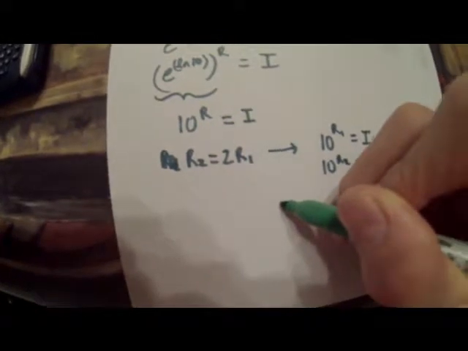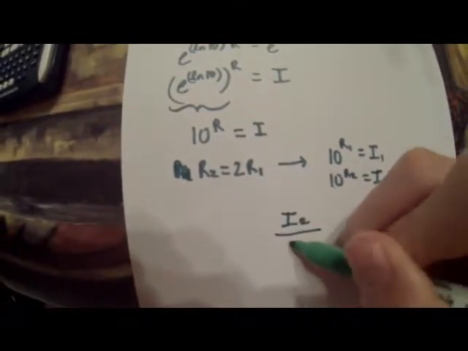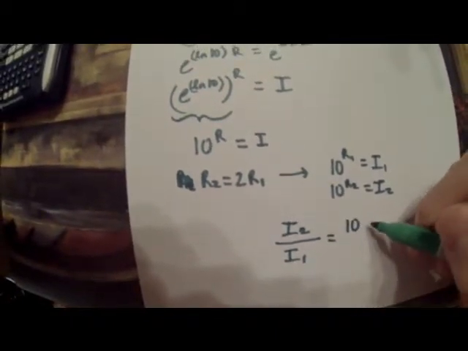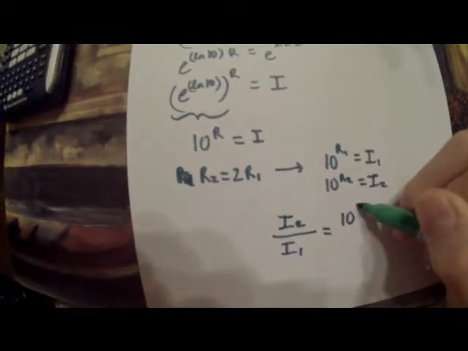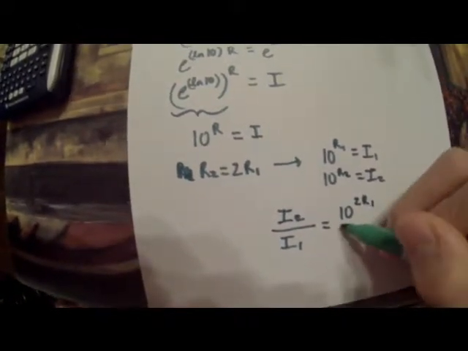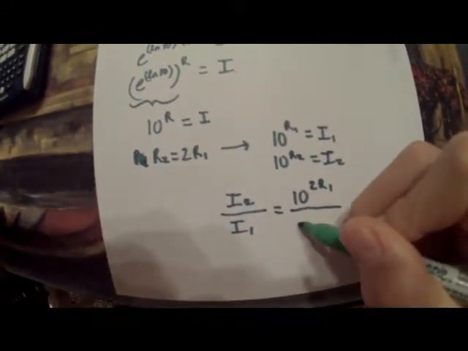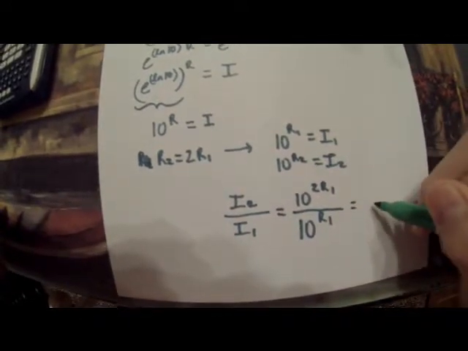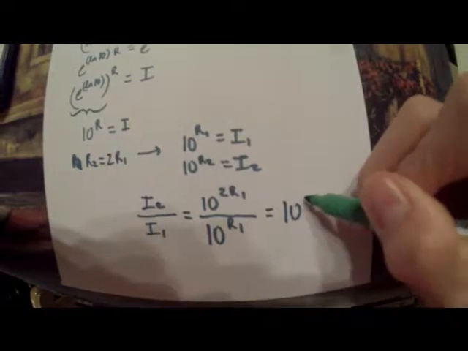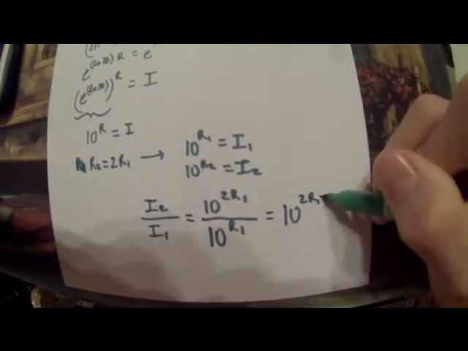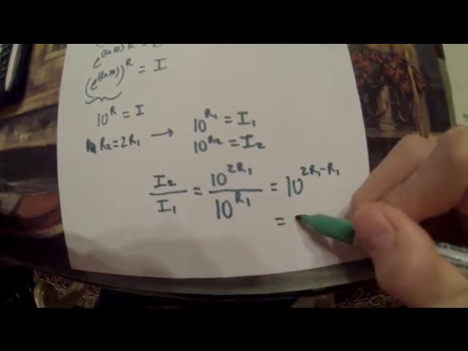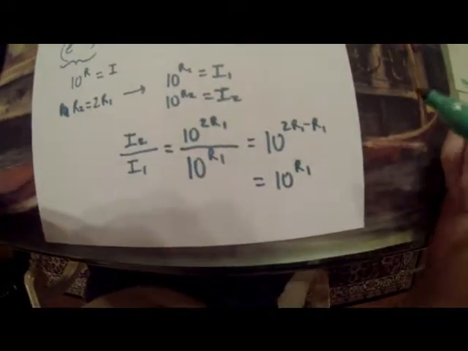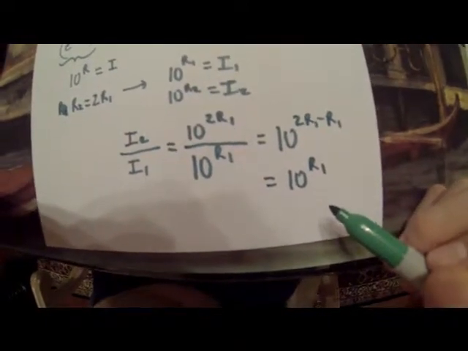And from there, we can say that I2 over I1 equals 10 to the 2 times R1 over 10 to the R1, which equals 10 to the 2R1 minus R1, which equals 10 to the R1. And this is the factor when R is doubled.